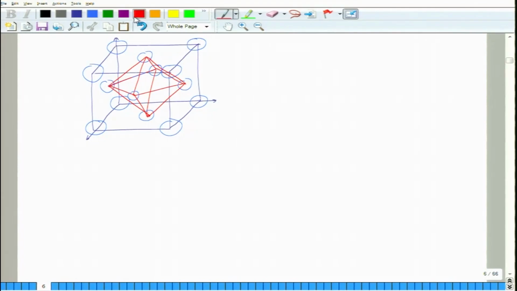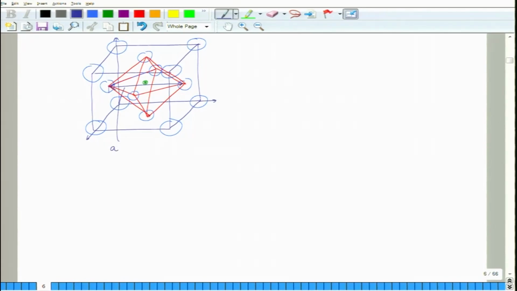Okay, the atom which goes in there is somewhere there. Now, of course, the atoms are not touching here. If you make a 2D view of this, what is this length? This is A, very good.